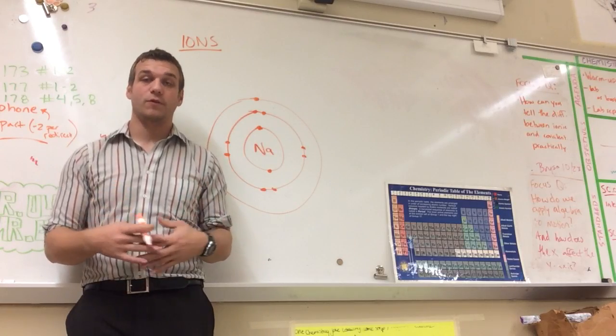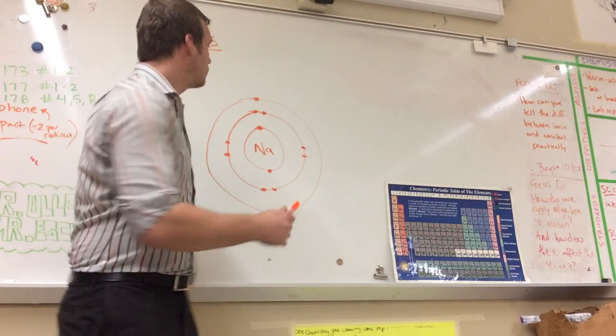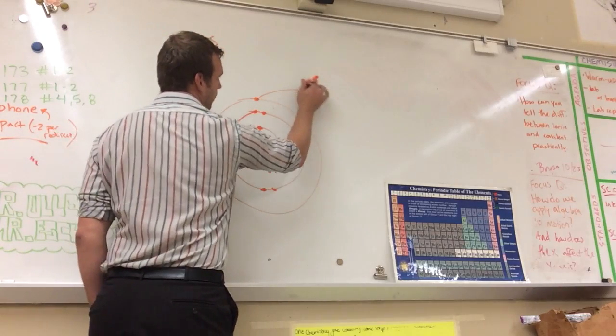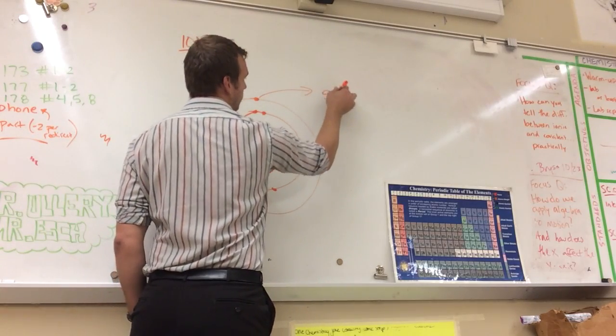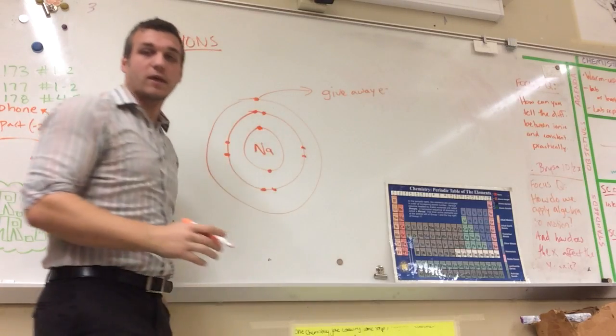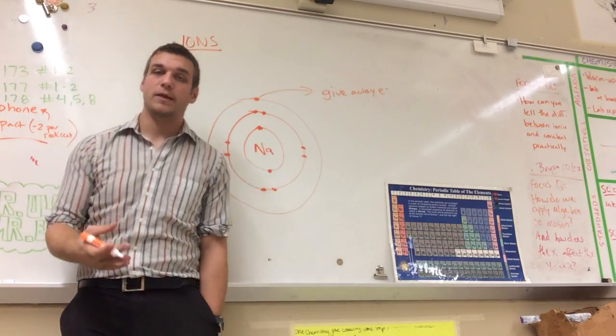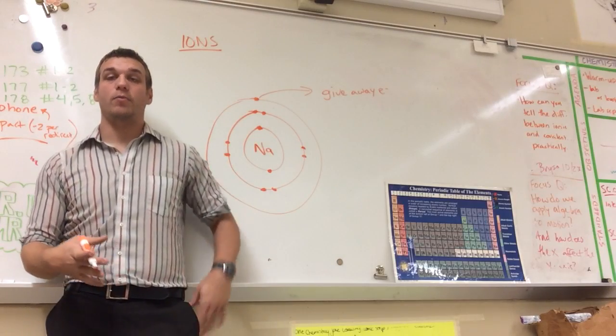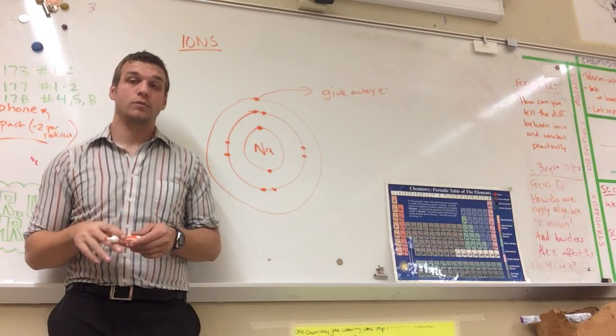So because it's easier to give away an electron, sodium will normally willingly give away an electron. When it gives away the electron, it's going to end up with a positive 1 charge, okay?